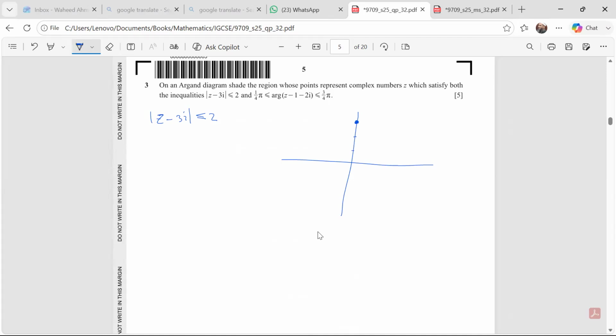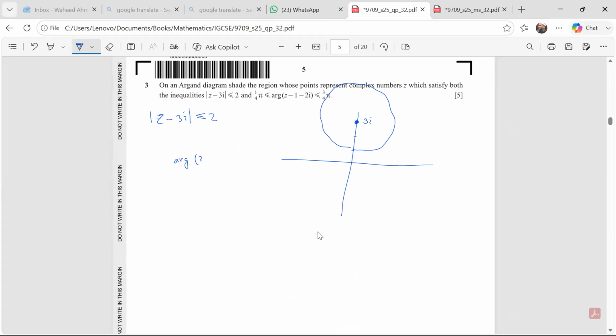So it will be a circle of radius 2 and center at 3i. Does it make sense? The absolute value of z minus 3i means the distance of this complex number from 3i, so all complex numbers whose distance from 3i is less than or equal to 2. So it includes all the points over here.